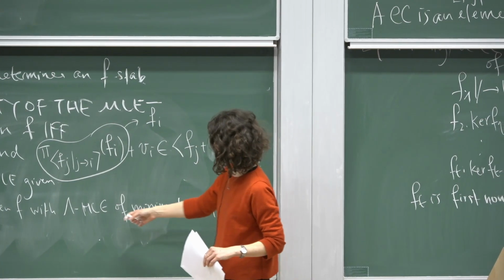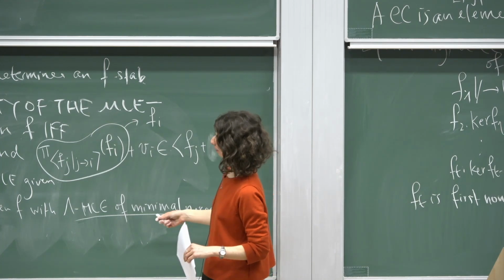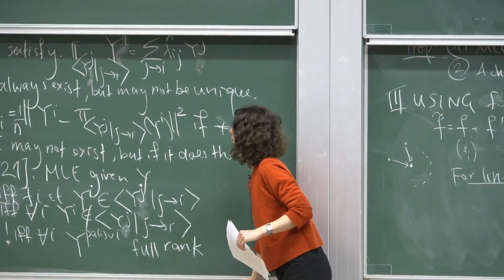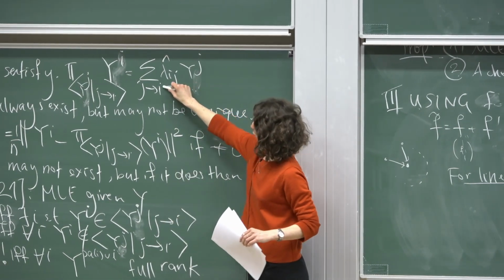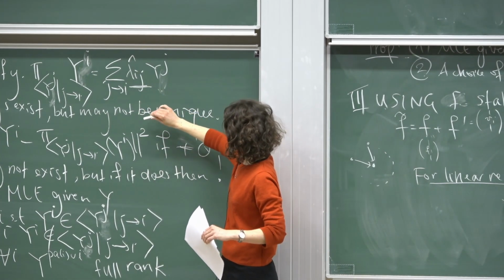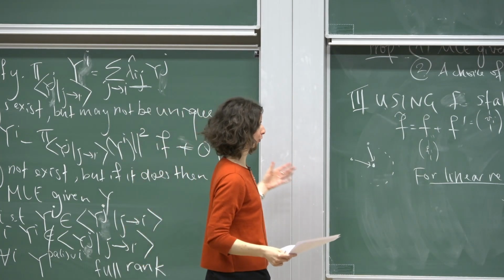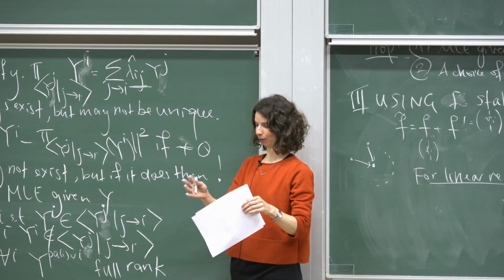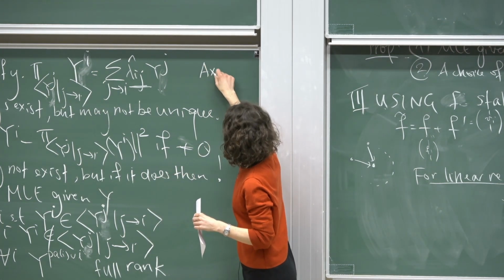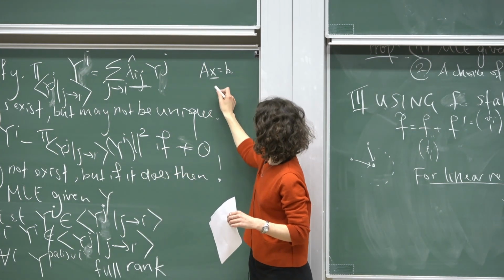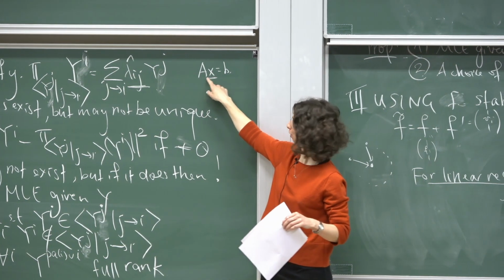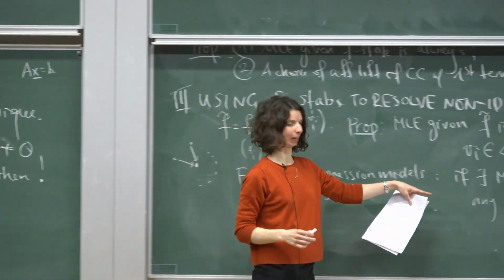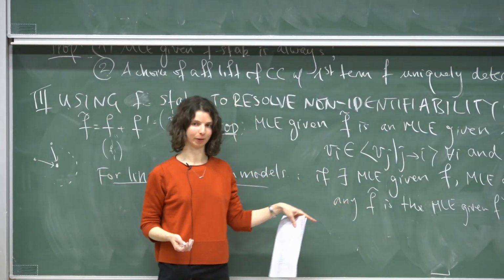So what this means is that the lambda MLE is determined by these coefficients. In the case where you have many possibilities, the lambda ij's are a solution to a linear system of the form Ax equals b, and the minimal norm one is the one that lies in the orthogonal complement to the kernel of A. And we can show that that's the MLE that you're going to get via this process, independently of f tilde.